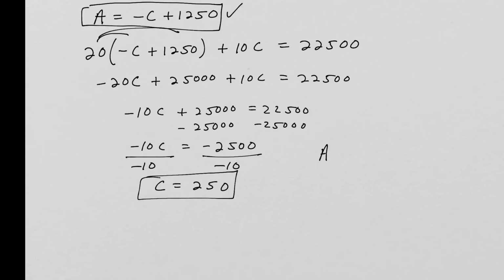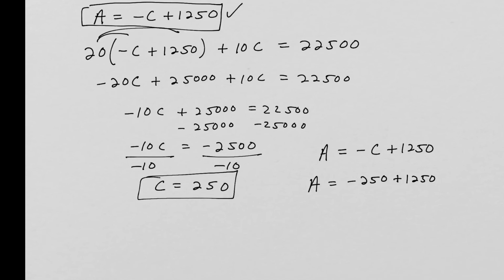A is equal to negative C plus 1250. So where I have a C, I'm going to plug in 250. So I have negative 250 plus 1250. And what's negative 250 plus 1,250?